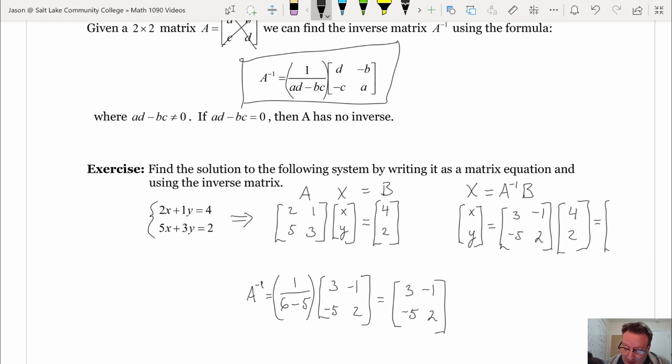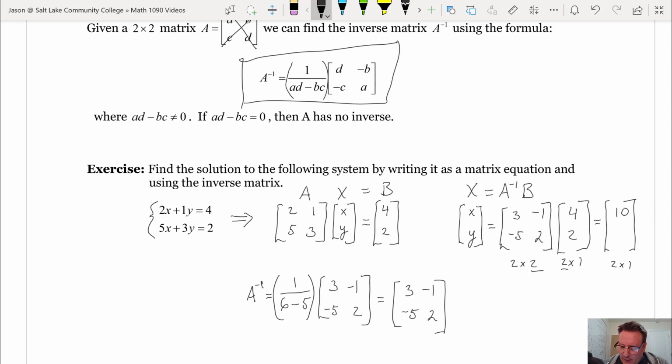Okay. So how do I get this product? Well, remember, we have a 2 by 2 times a 2 by 1. These numbers match. This product will be 2 by 1. We take this row, 3 and negative 1, pair it with the 4 and 2. We get 12 and negative 2, so we get 10.